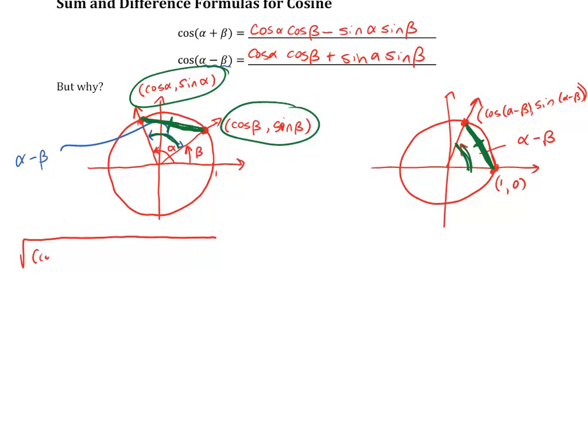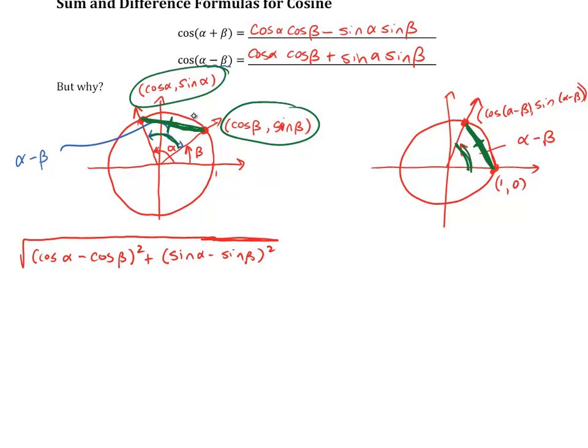You end up with cosine of alpha minus cosine of beta squared plus the difference of the y's, sine of alpha minus sine of beta, quantity squared. That would be the length of that line.